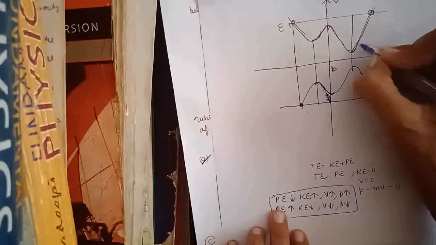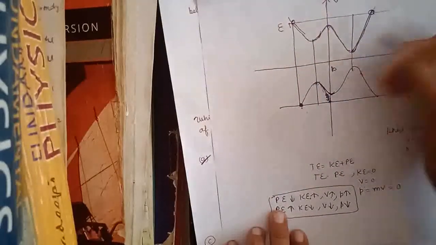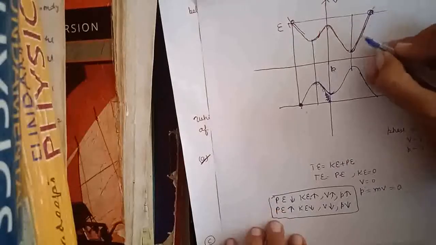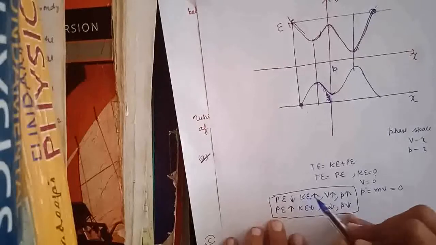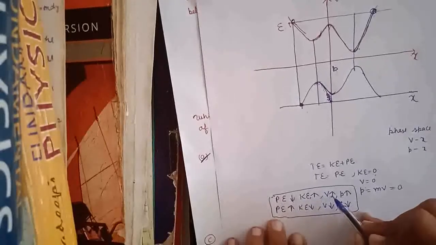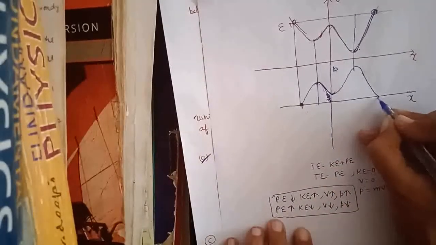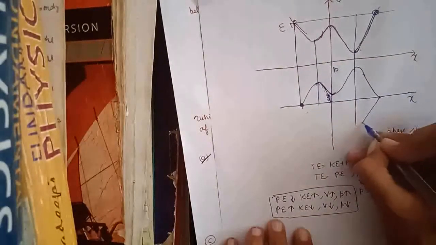Now suppose this particle comes back over here, since it is oscillating in this potential. That means its potential energy decreases, kinetic energy will increase, velocity will increase, so momentum will increase, but now in the negative direction. So the momentum of the particle will increase up to this point.